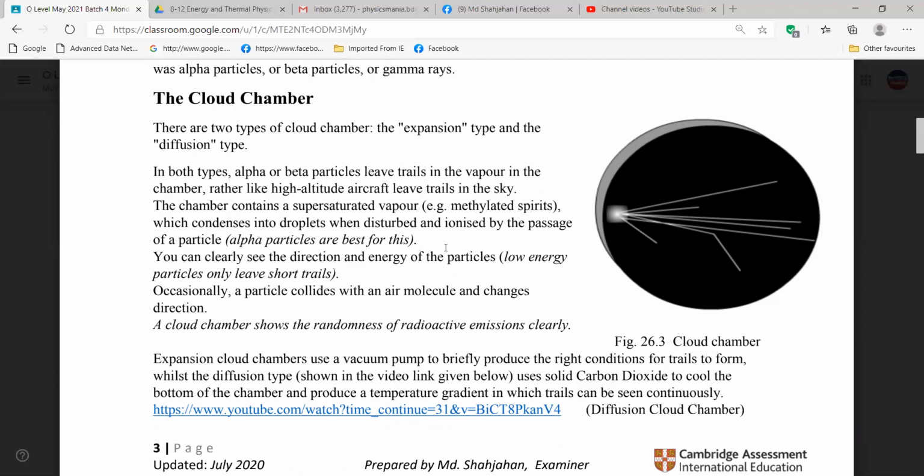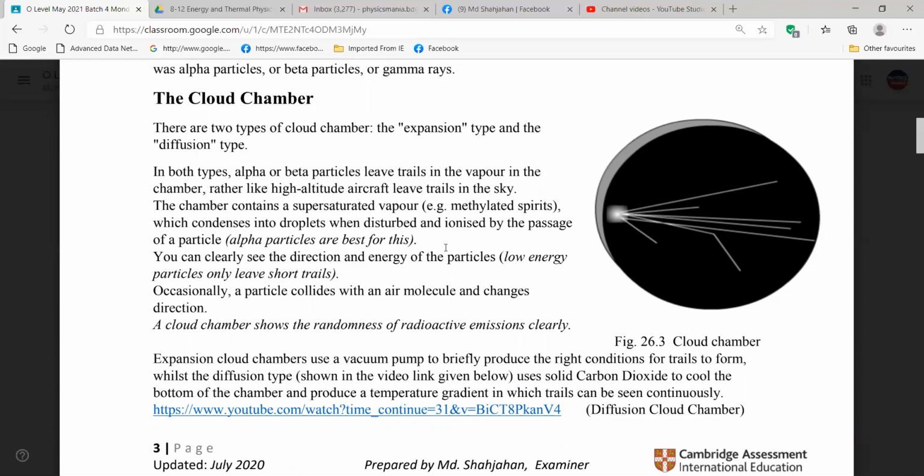So what is supersaturated? You know saturated. Saturated means concentrated. So supersaturated means it's completely saturated, with no impurities.